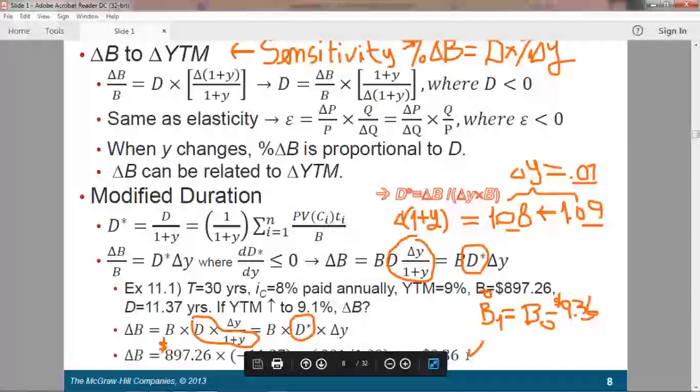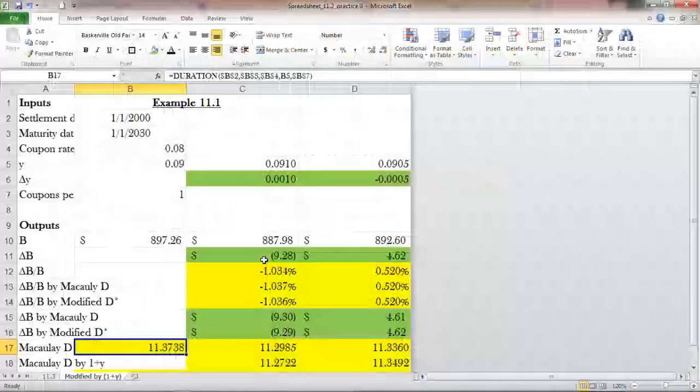It will drop. That's what we got, actually 9.28, 9.3, because we used a more precise duration.